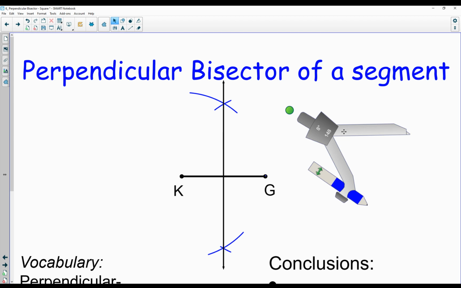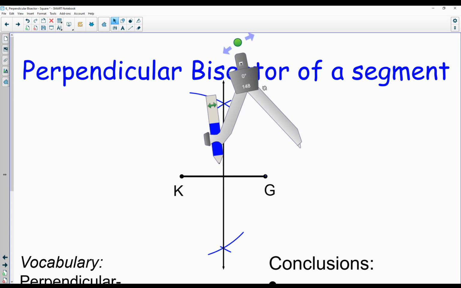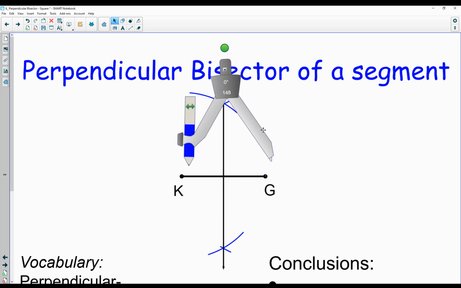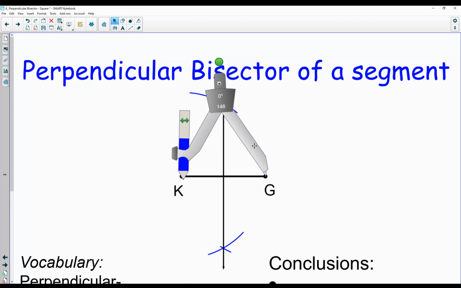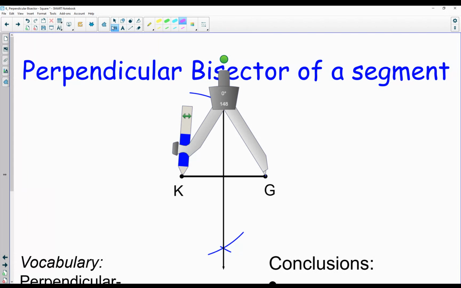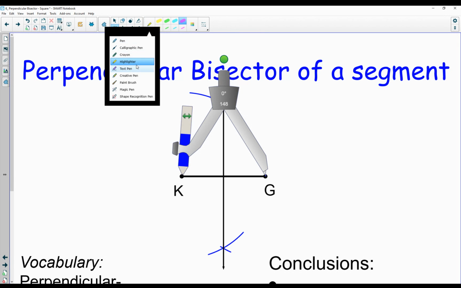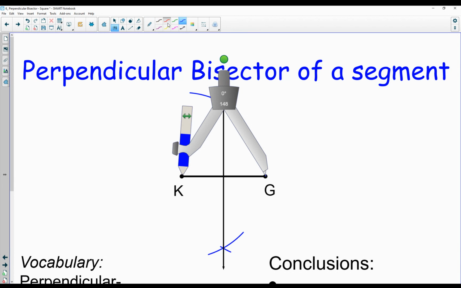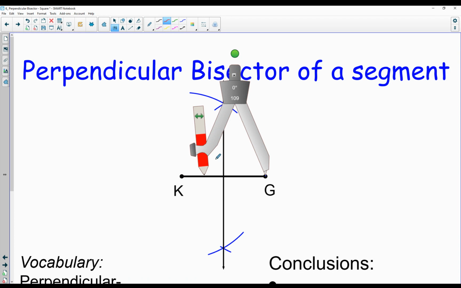Now, you might be thinking, do I have to go the entire distance from G to K in order to get the arcs to intersect and have a perpendicular bisector? And actually the answer is no. I'm going to tell you right now that all you have to be certain is that you go more than halfway. So take a look. I'm going to shorten up my compass to be right about there. And I'm going to keep this as my compass width.